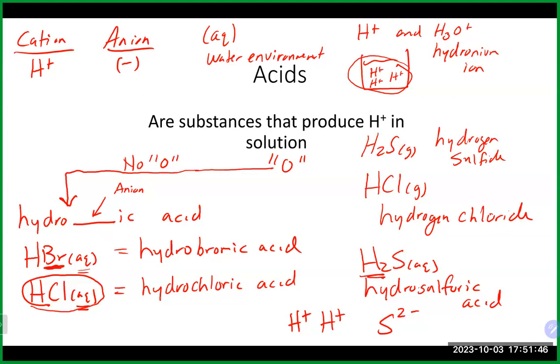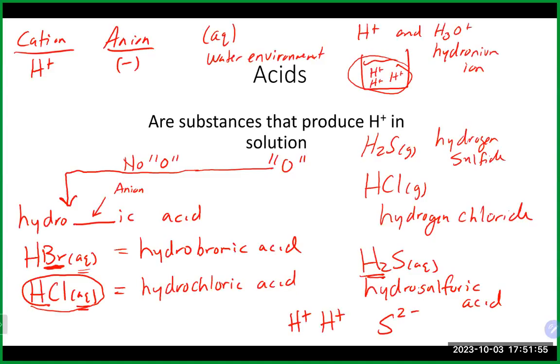Now let's talk about how we name it when there is oxygen involved. If we have an acid that does have oxygen, it will most likely contain one of your favorite things, a polyatomic ion.